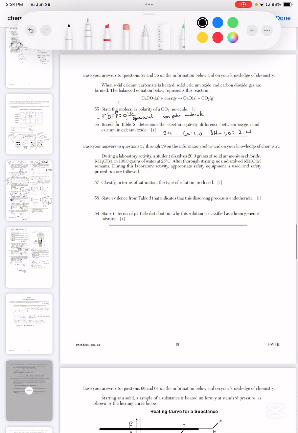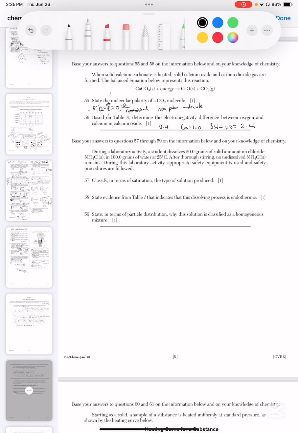Classify in terms of saturation the type of solution produced. 20 grams of ammonium chloride at 25 Celsius. No undissolved ammonium chloride remains.